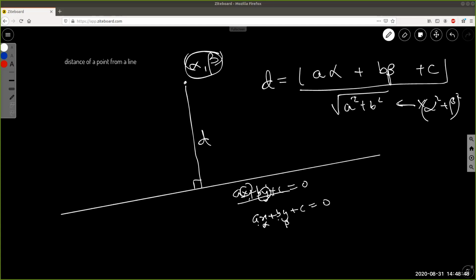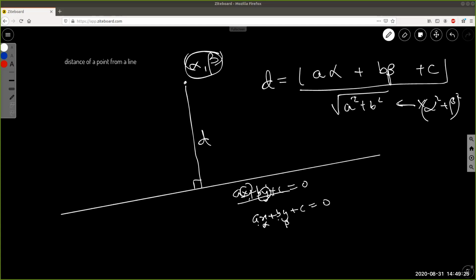So the formula would be D is equal to mod of A alpha, that would be 24, plus B into beta, that's minus 5, plus C, which is 9, upon root of A square plus B square, that's 144 plus 25.